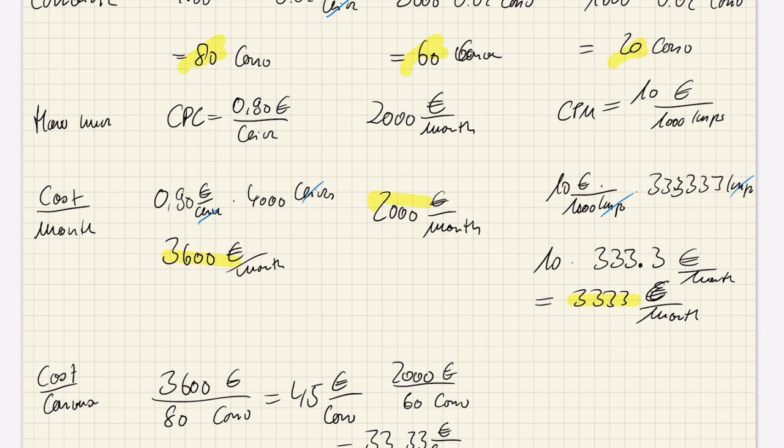And we do the same in here. We have 3,300 euro divided by 20 conversions, which is 166.65 euro per conversion.